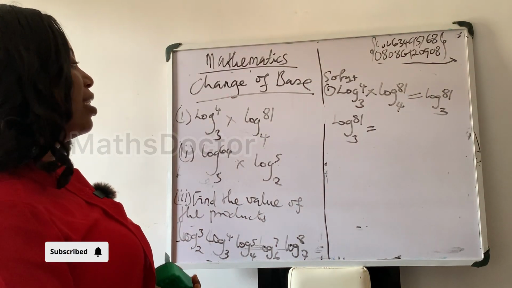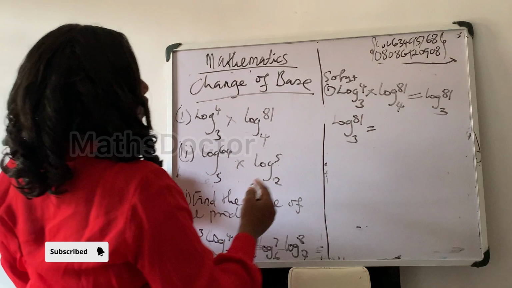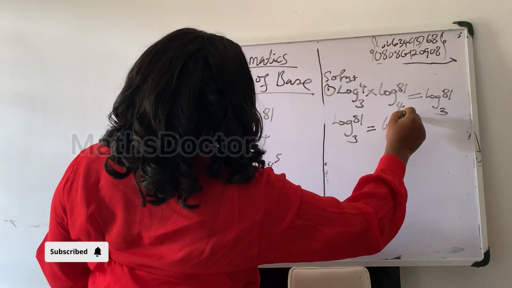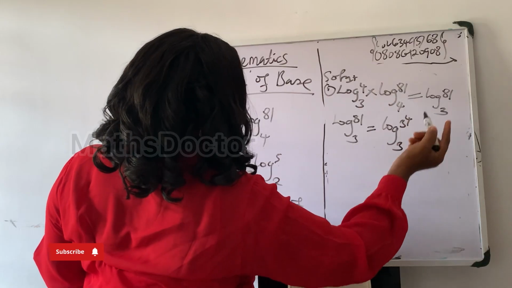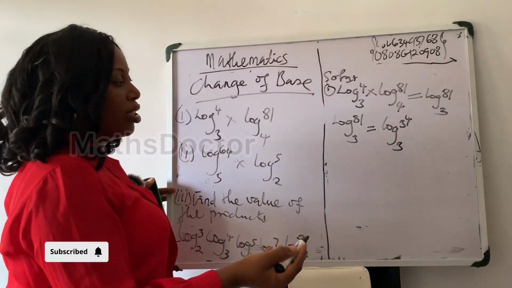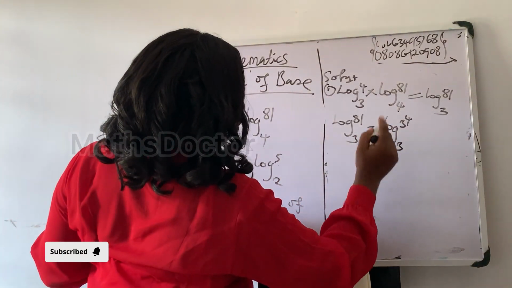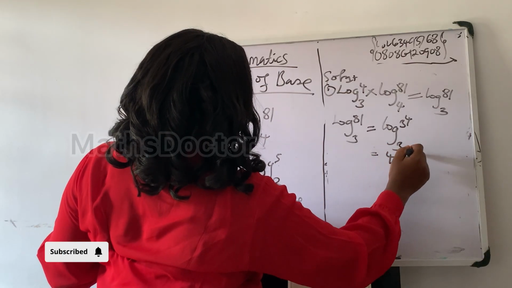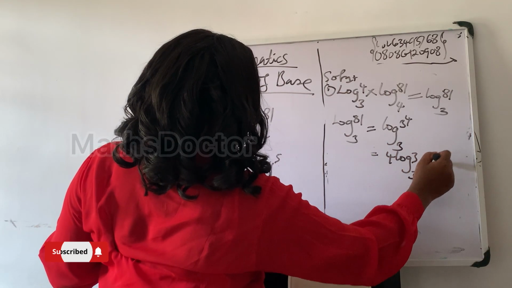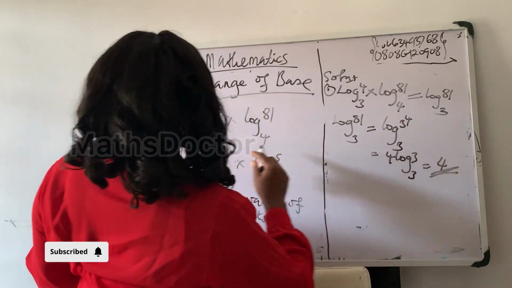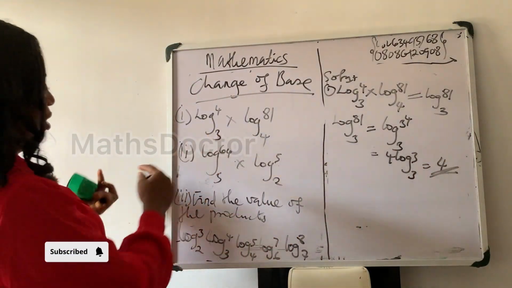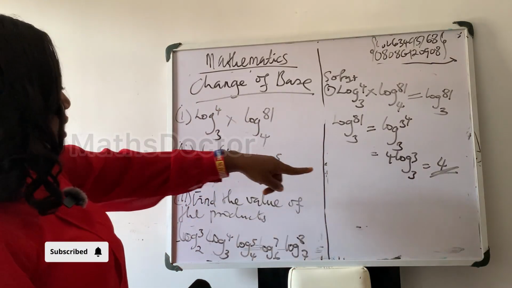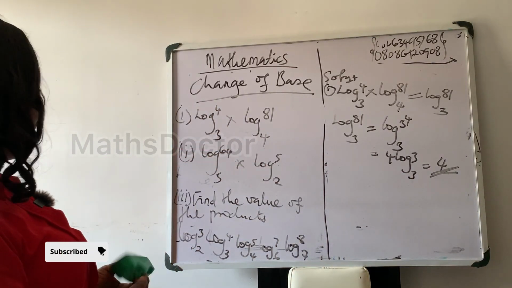So 3 multiplying itself 4 times gives us 81. It becomes log 3 raised to the power of 4 to base 3. Remember, log to its own base is 1. Therefore we have 4 log 3 to base 3, giving the answer 4. The 4 we eliminated has become the answer there.